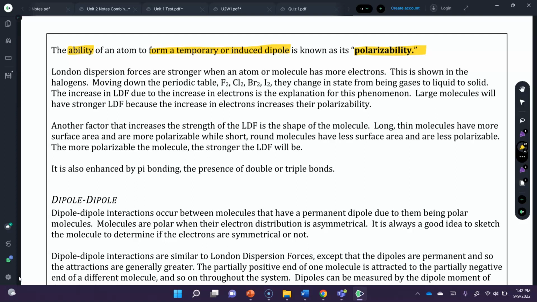London dispersion forces are stronger in an atom or molecule that has more electrons. This is shown in the halogens. Moving down the periodic table, fluorine to iodine, they change in state from being gases to liquid to solid. The increase in London dispersion force is due to the increase in electrons in each of those atoms.